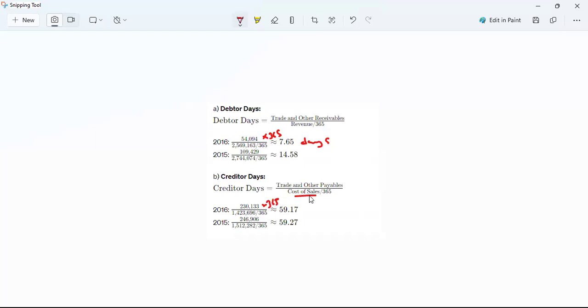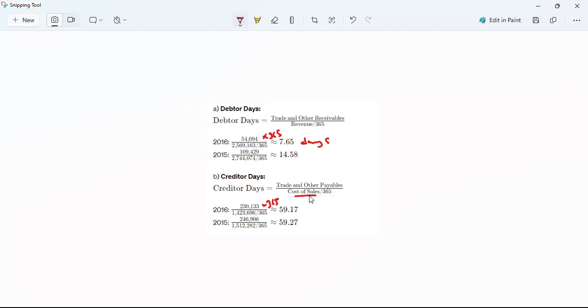Now, where was the question? The question is on the creditors' days. In an event that we have been given both the purchases and the cost of sales, which one are we supposed to pick when calculating the creditors' days?